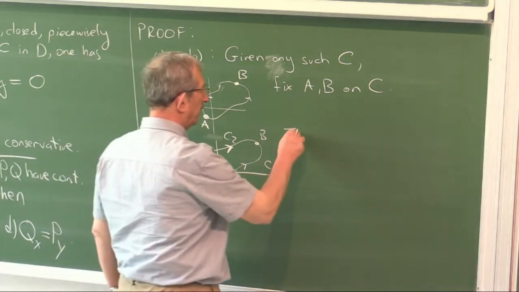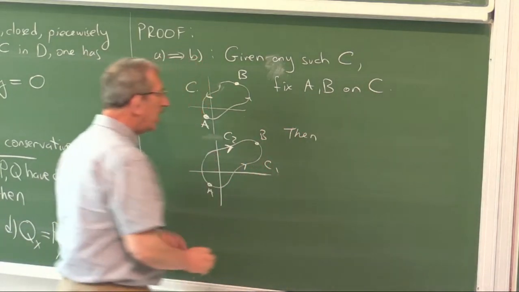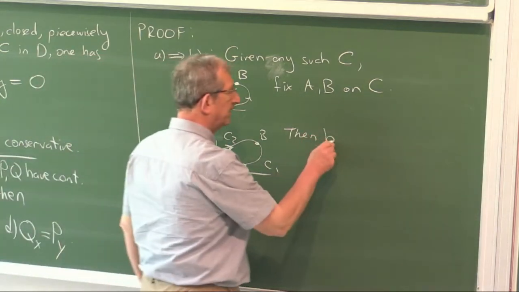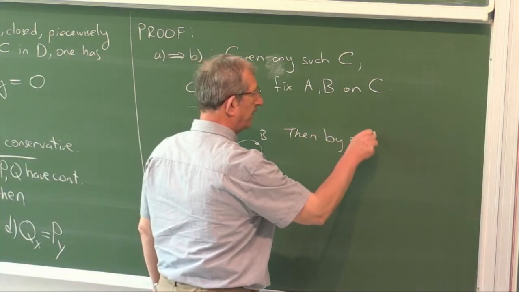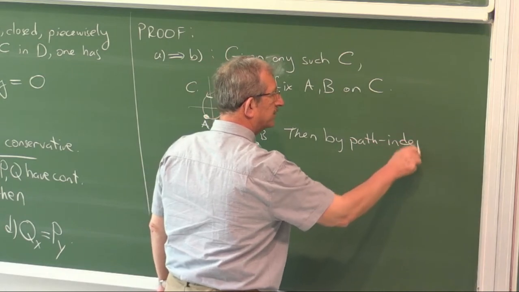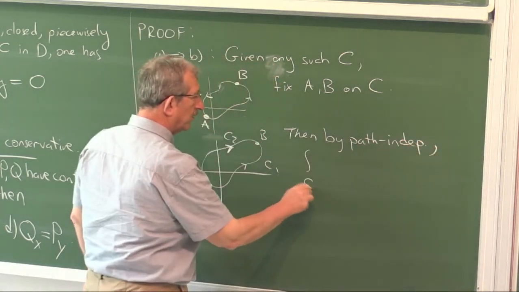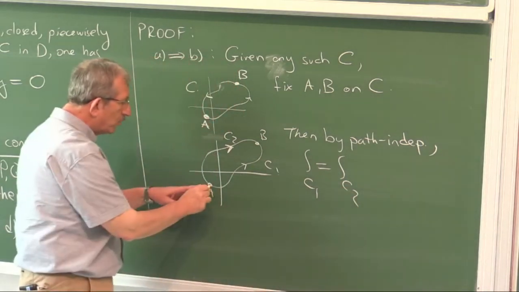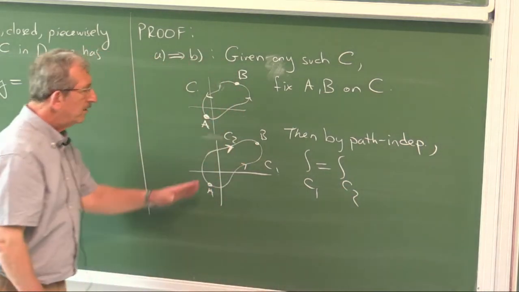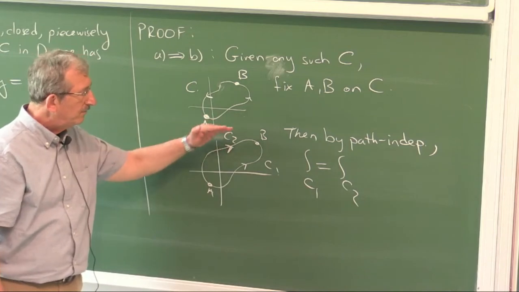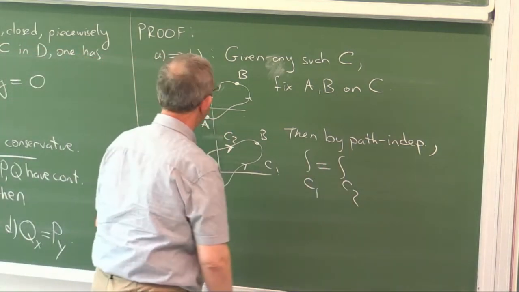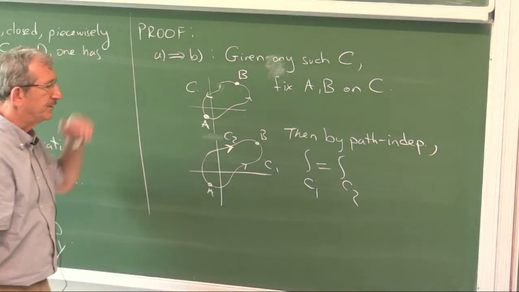Then by path independence, the integral over C1 is the same as the integral over C2, because we are going from A to B in D along different paths, but we have equality by the hypotheses.